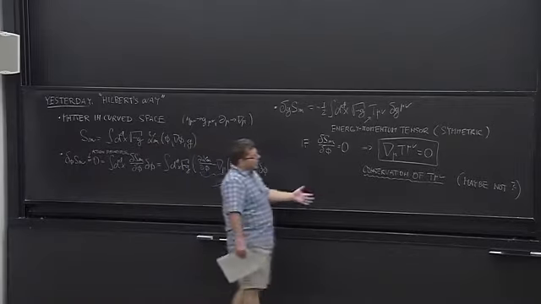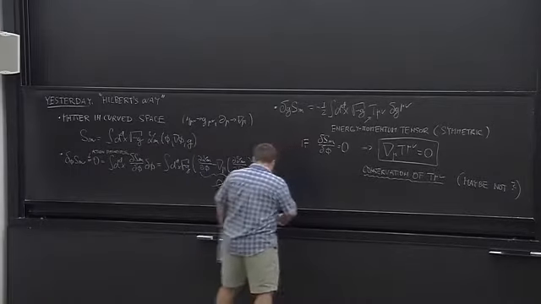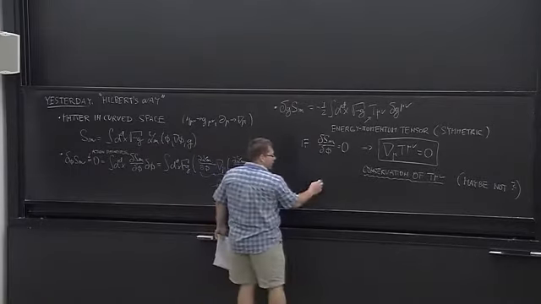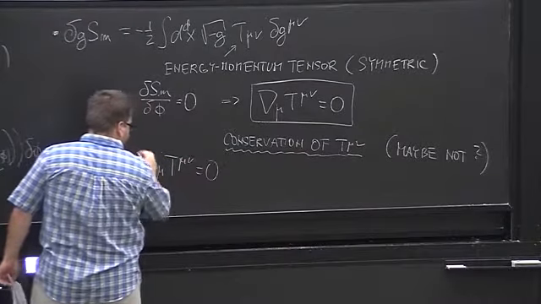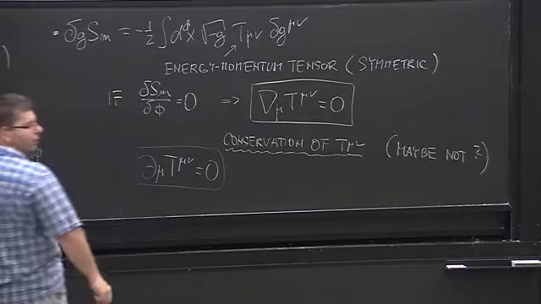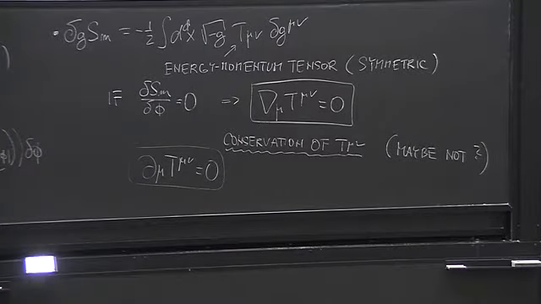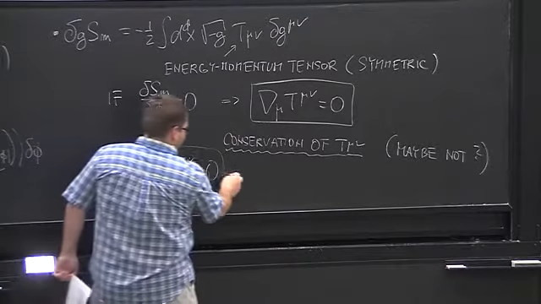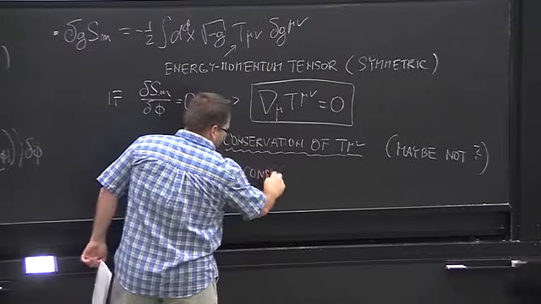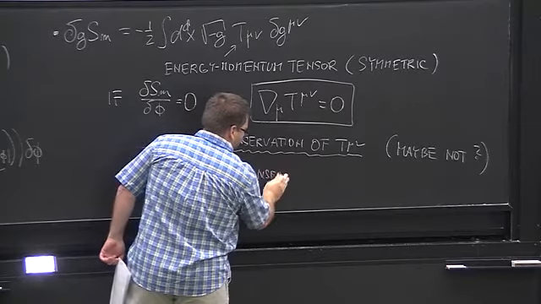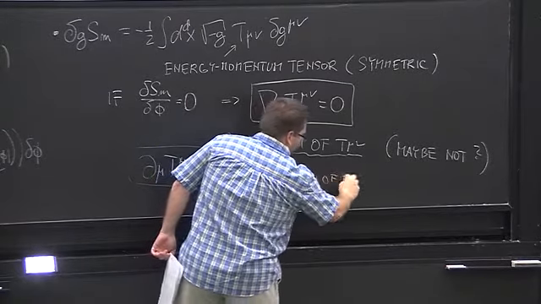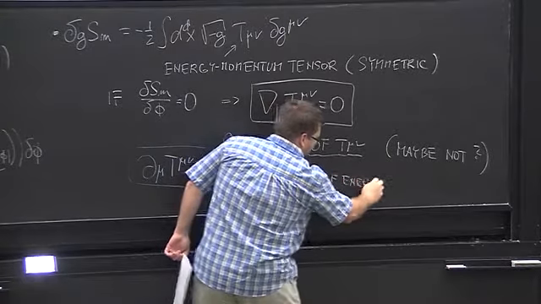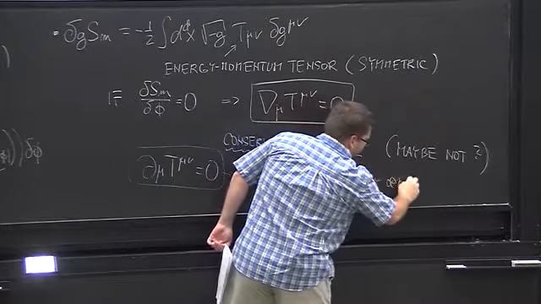But actually, the analogy in flat space is partial_mu T^{mu nu} equals 0, and in flat space you can show that out of this law it follows that you have conservation of energy and momentum in flat space.